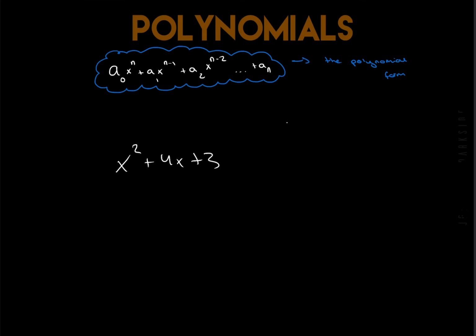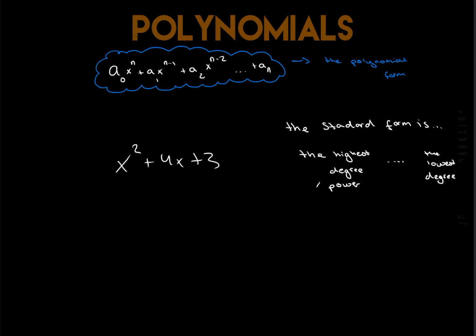The standard form, let me write this down, the standard form of a polynomial is from the highest degree, or the highest power, to the lowest power, lowest degree of power. So that is the standard form.